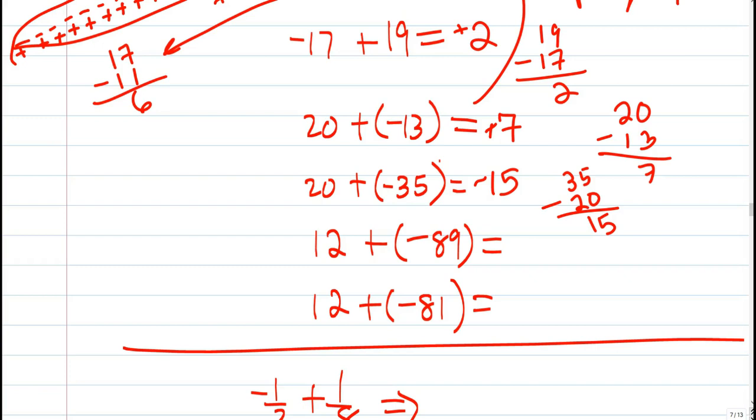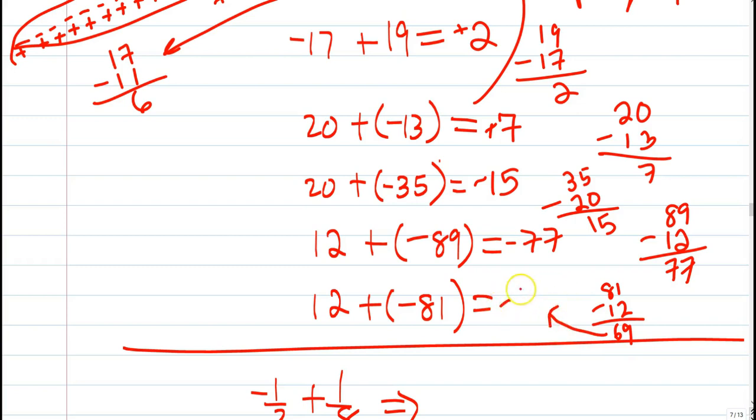So I'm going to cancel, and I'm going to do the larger number minus the smaller number, leaving us with 77. 77 what, though? We have more negatives. 12 plus negative 81. We cancel. 81 minus the 12. 70. I think that's 69. 69 what, though? We had more negatives.